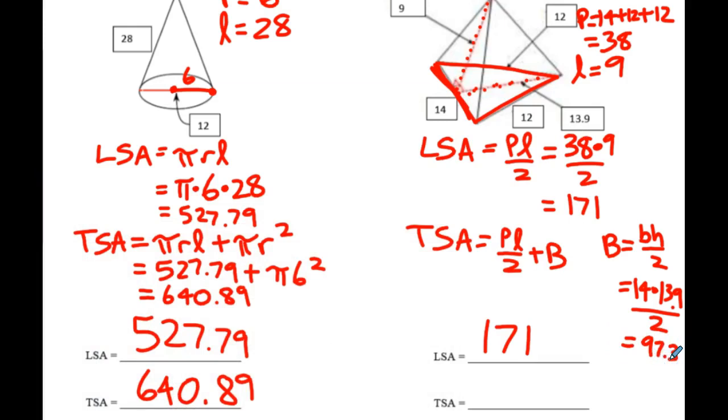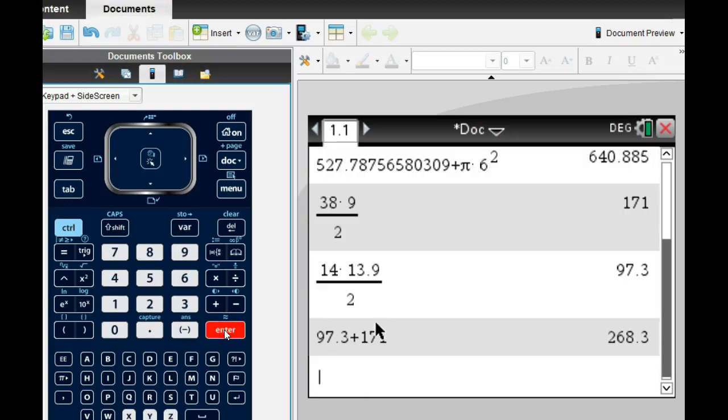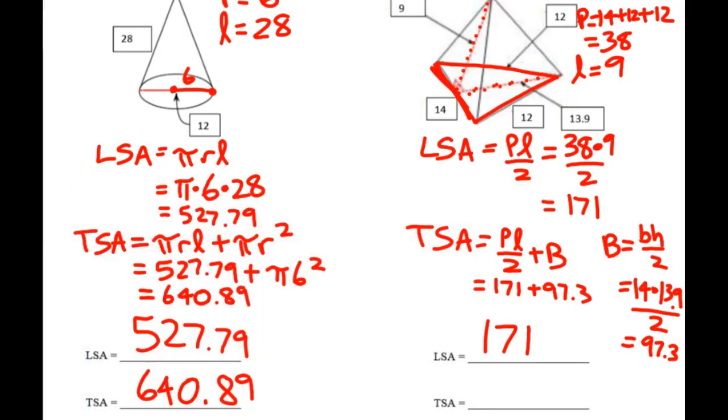So if PL over 2 is 171, and I'm adding big B, 97.3, all I got to do is add those up. 268.3. And both of those are going to be units squared.